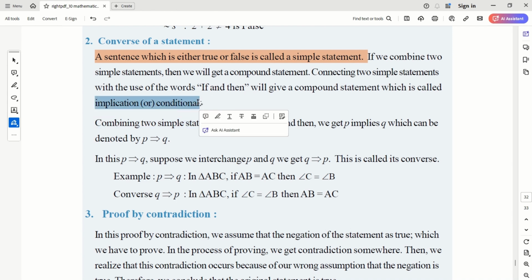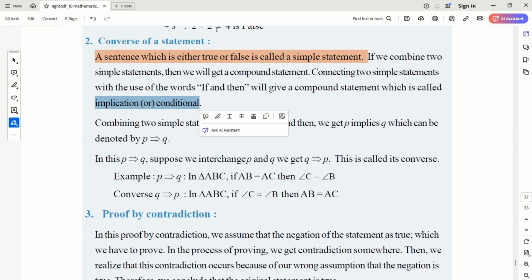An example: if ABC is an equilateral triangle, then all sides are equal. Or the other way, if all sides are the same, then it is an equilateral triangle.